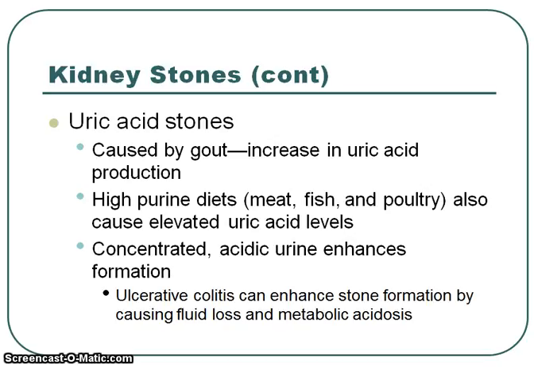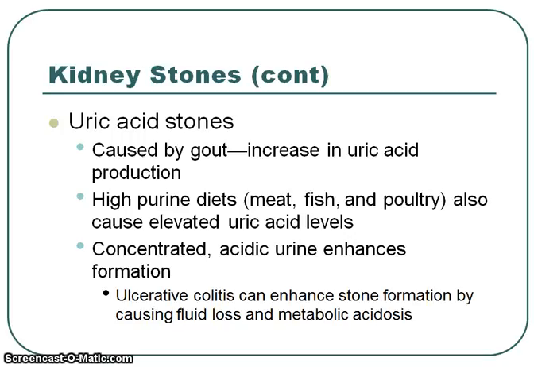Uric acid stones happen when patients have a condition called gout, where they're unable to process uric acid properly. So then it builds up in their system and it can cause things like stones and joint problems. They need to avoid diets that are high in purines, otherwise they're just going to cause themselves pain and kidney stones. So they need to avoid foods like meat, fish, and poultry.